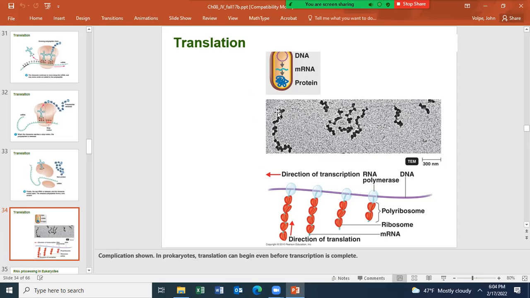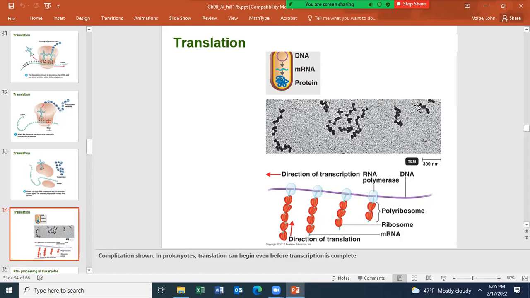Well, here we have a gene, and as you can see, it is being transcribed into 1, 2, 3, 4, 5, 6, 7, 8 different messenger RNAs. So that's a complication. And that is one gene can have more than one messenger RNA. I'm talking about a gene coding for a protein.